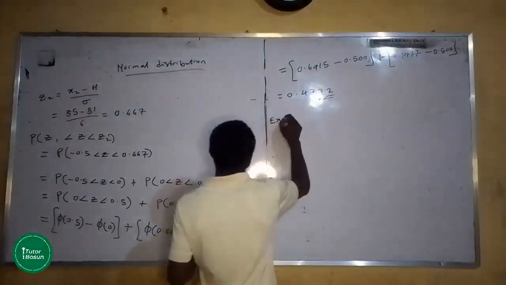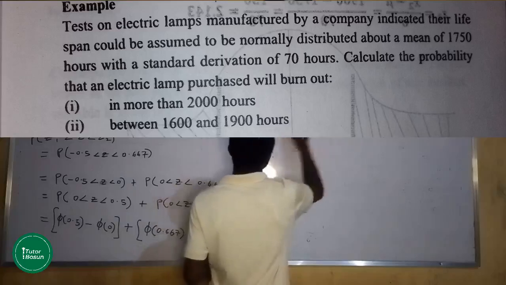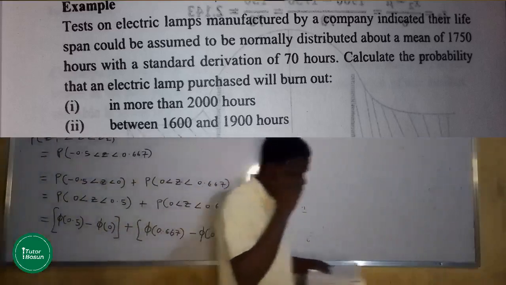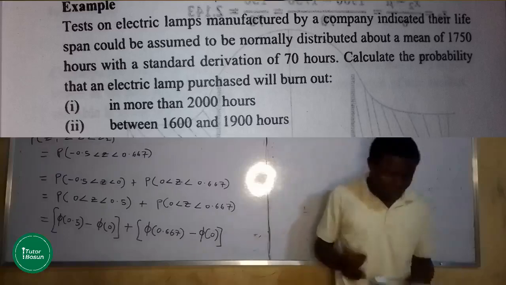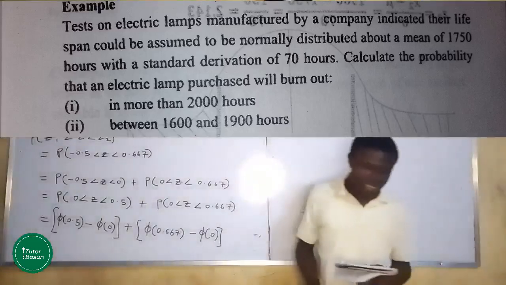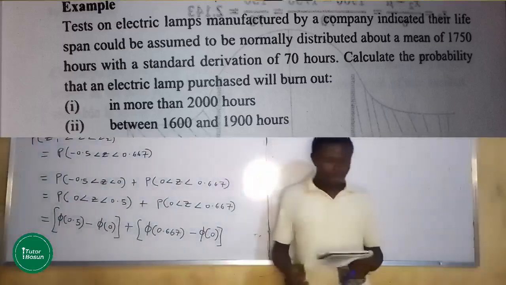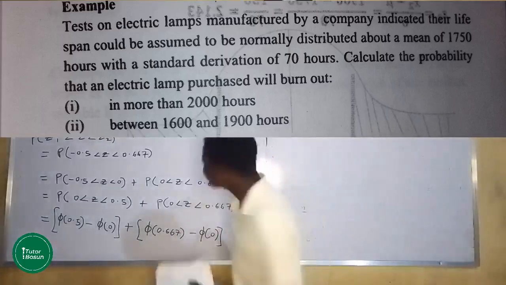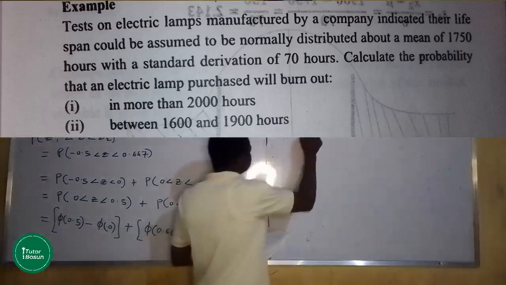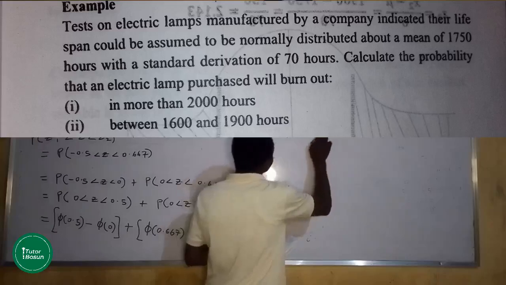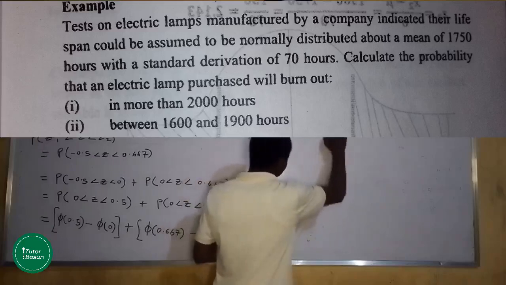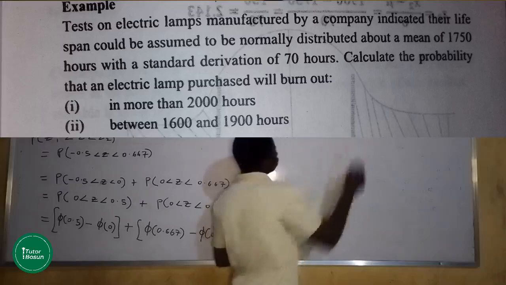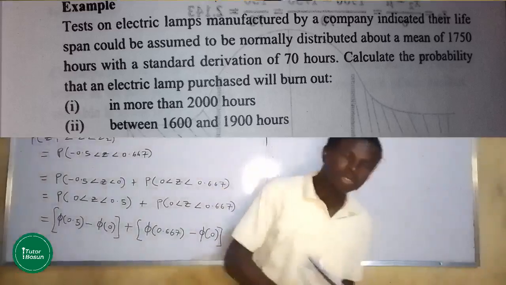Example 2. This example says tests on electric lamps manufactured by a company indicated their lifespan could be assumed to be normally distributed about a mean of 1,750 hours, with a standard deviation of 70 hours.